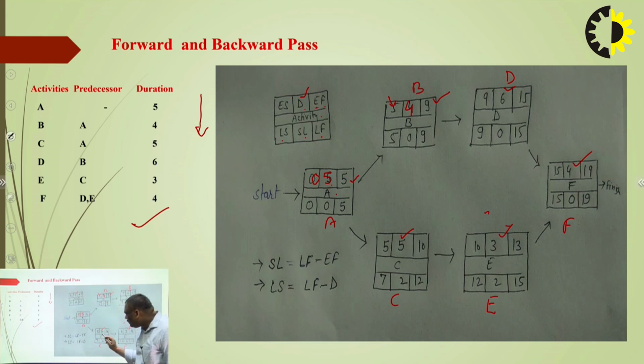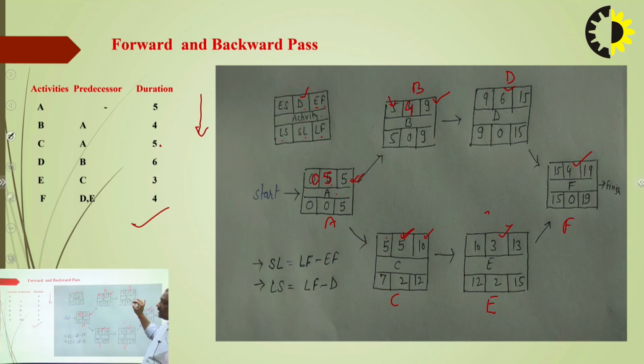In the same manner, after the completion of the A activity, we start C. The earliest start is 5, and the duration of C is 5, then 5 plus 5 is equal to 10. So the earliest finish value of the C activity is 10.